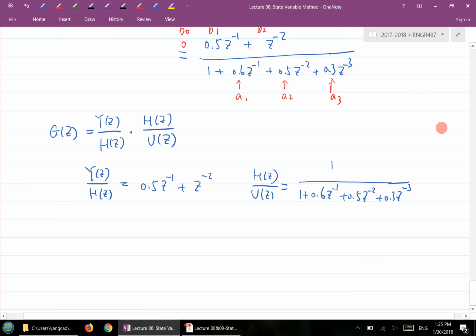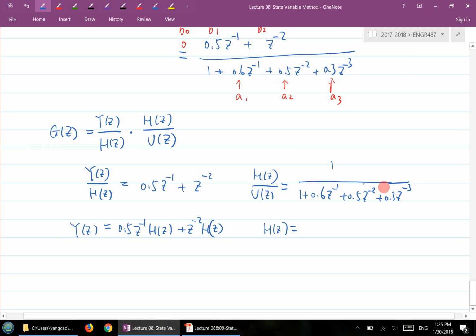Now if I look at this one here, Y of z, based on the first expression, equals 0.5 times this, and this times this. And then for this part, H of z, you do the same thing.